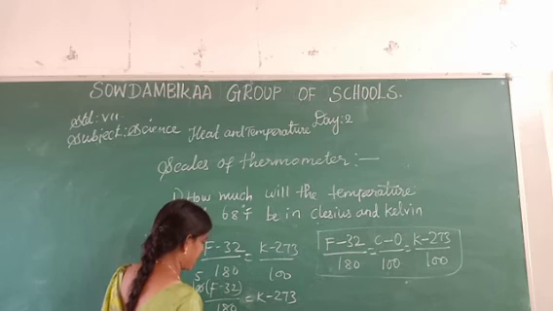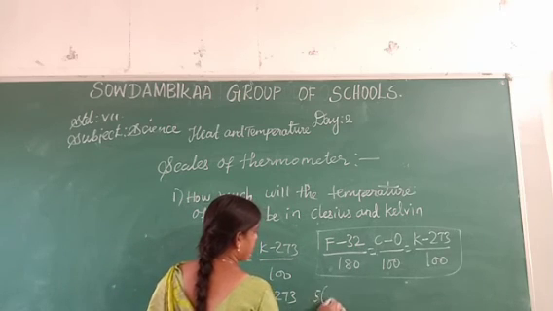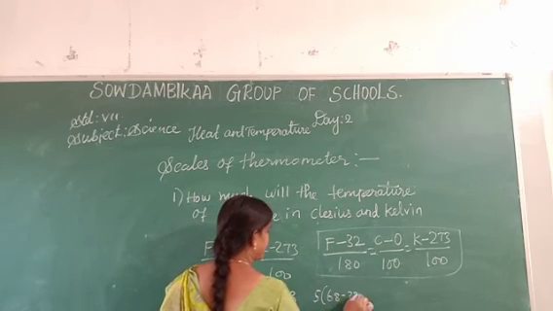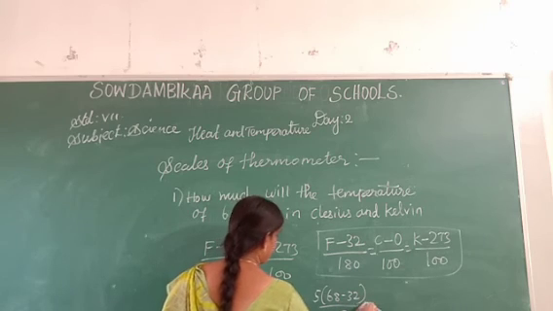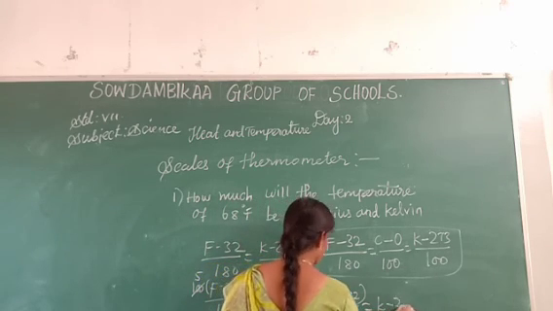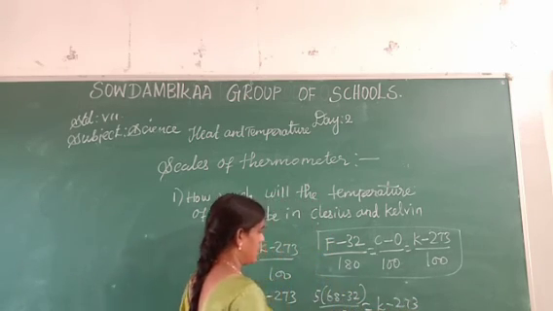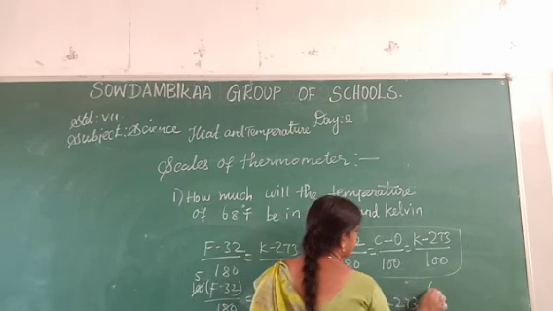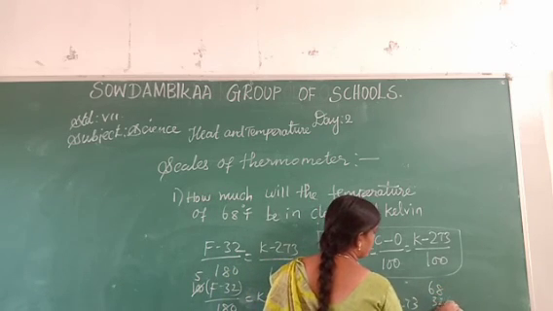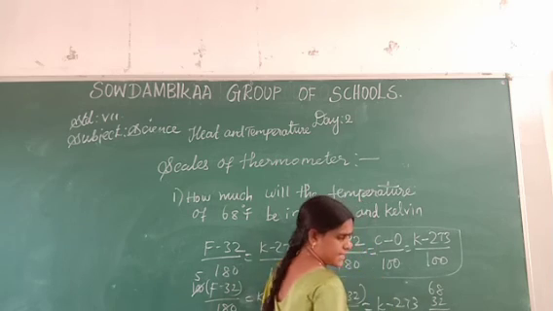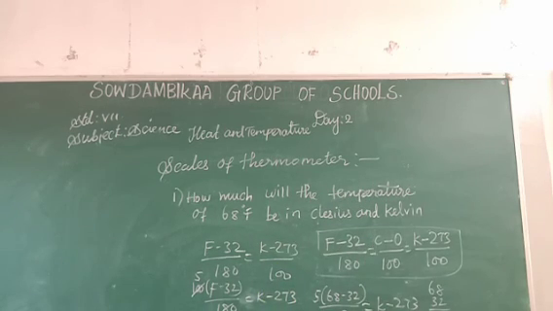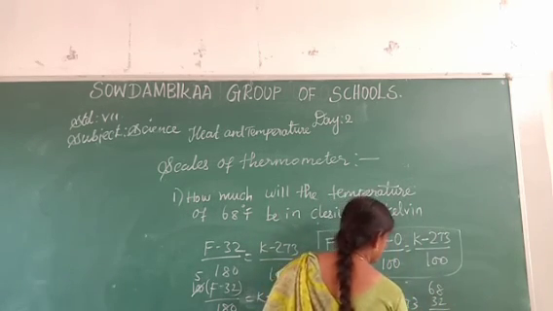Substitute the F value: 5 times 68 minus 32 divided by 9 equals K minus 273. 68 minus 32 is 36.